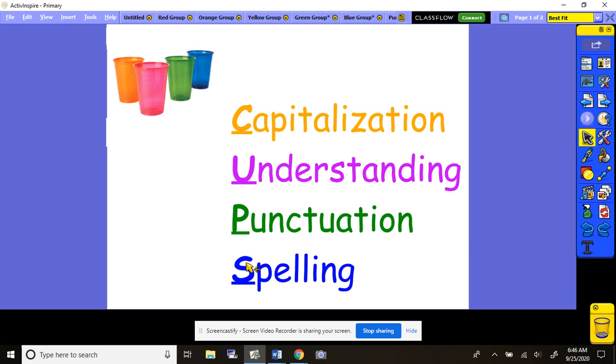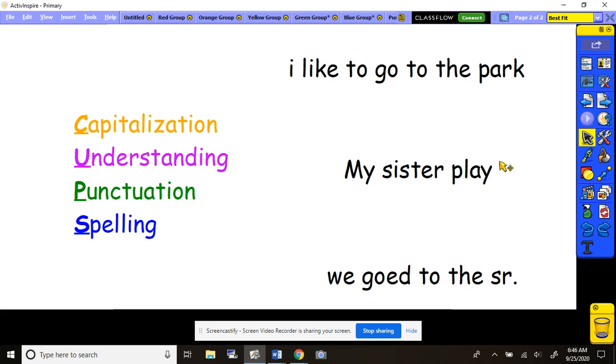So we're going to think about cups. We're going to look at a couple of sentences. And I put our cups reminder over here: capitalization, understanding, punctuation, and spelling. So we're going to start with this first sentence, and we're going to go with capitalization. So the first thing I'm going to do is read my sentence and make sure I have capitals in the right spot. I like to go to the park.